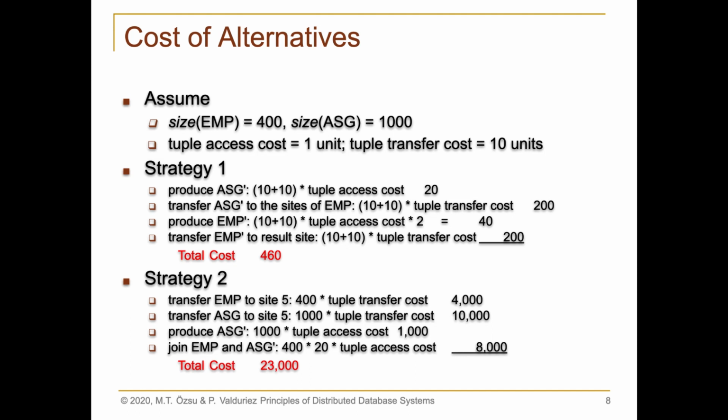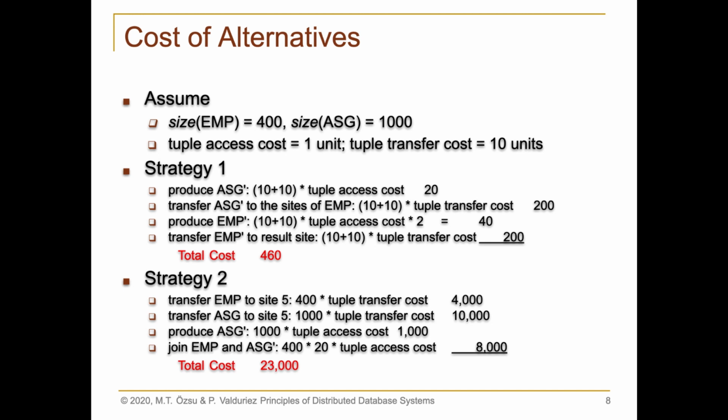So strategy 1 is a query execution strategy that considers distribution of fragments over the network, and it tries to apply selection and projection before transferring data. This is usually recommended because the tuple transfer cost is larger than the tuple access cost.